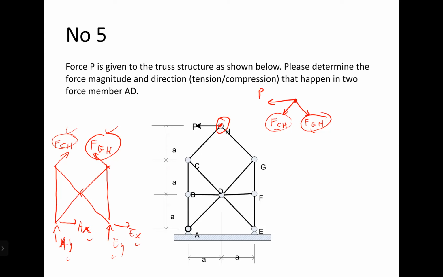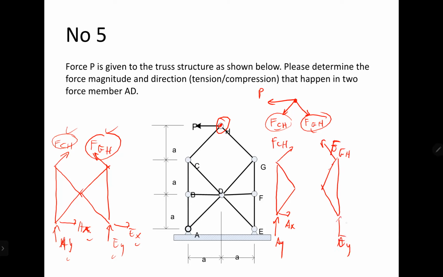How to do it? You can do it this way. Here we have FCH, which is a known value. AY, not yet known. AX, not yet known. Then I release this into two. FGH here is a known value. EX, EY are not yet known.